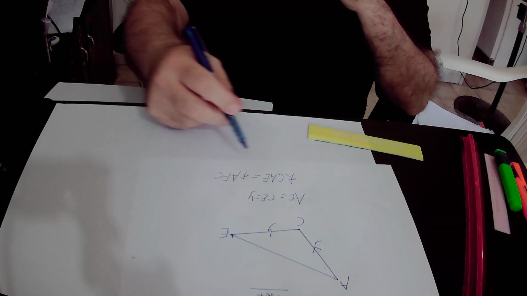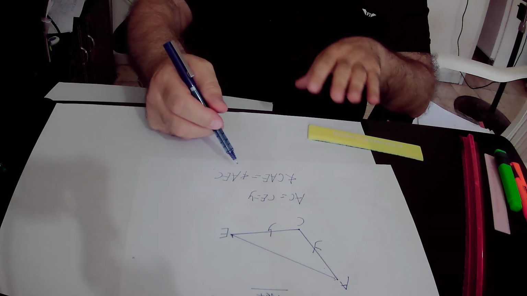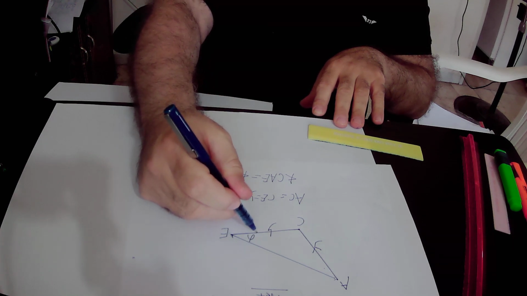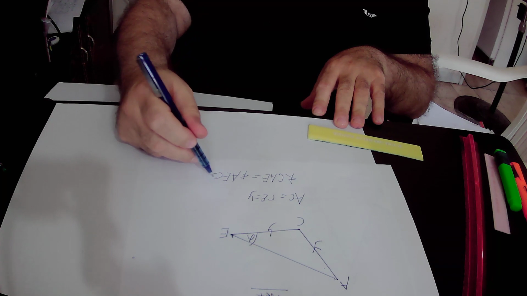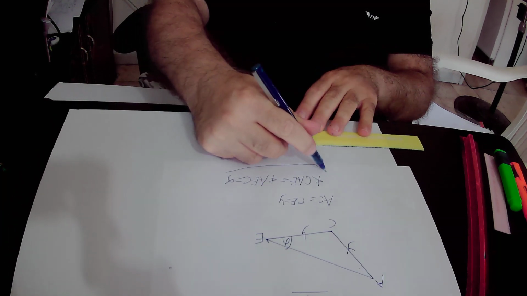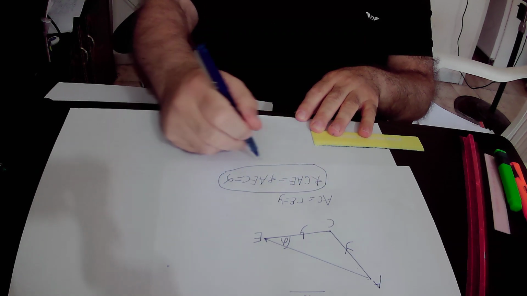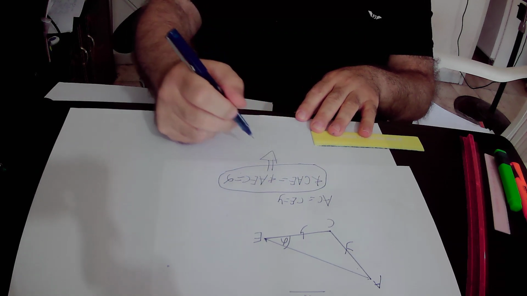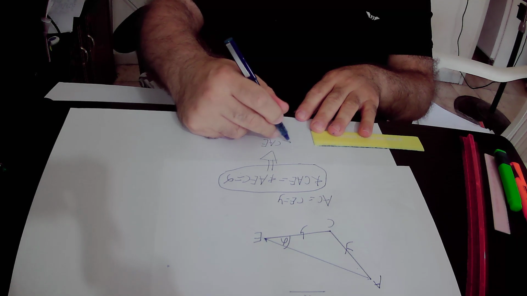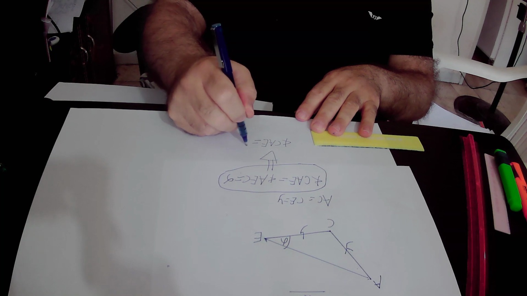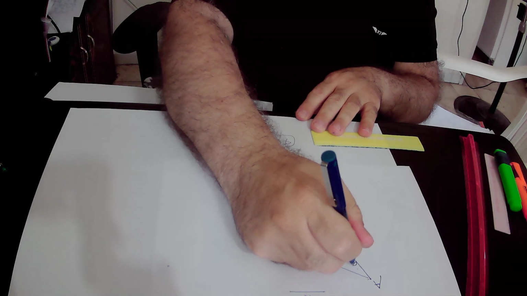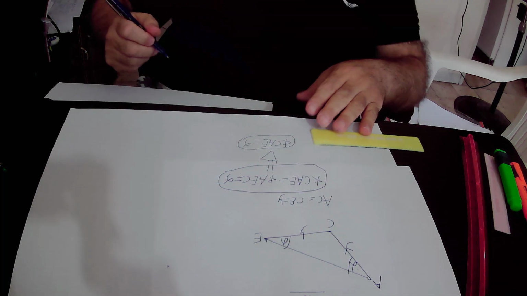So if we define angle AEC as alpha, here angle AEC equals alpha, then from the equation angle CAE equals angle AEC equals alpha, we derive that angle CAE is also equal to alpha.